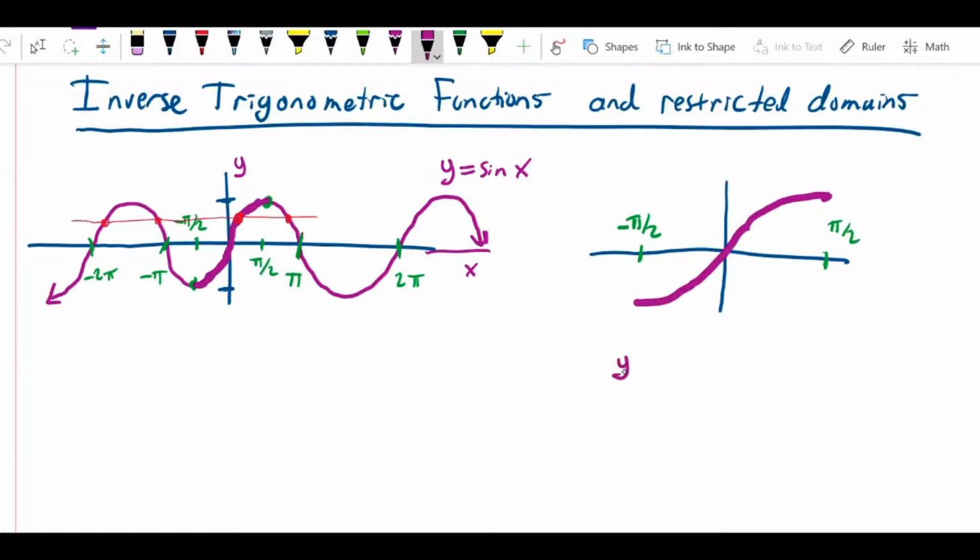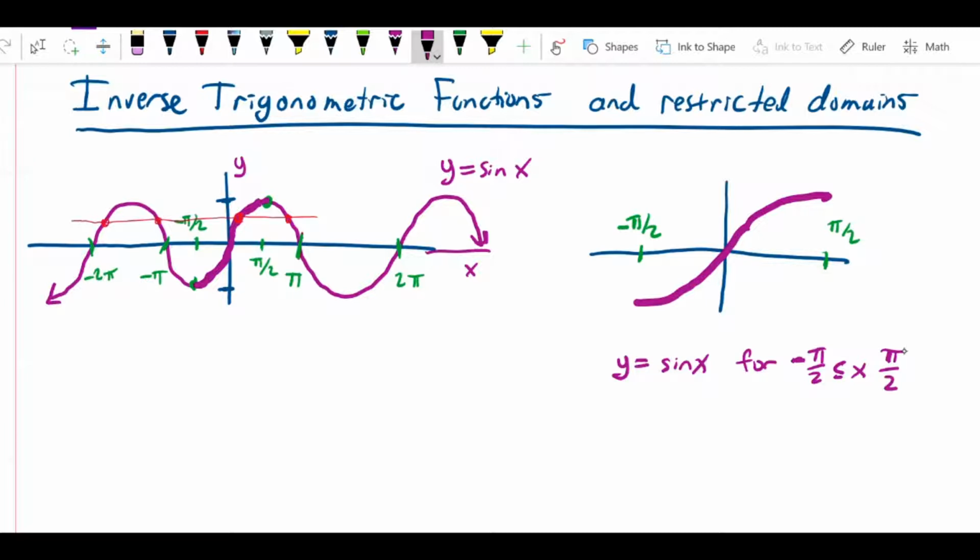So this is y equals sine x for the domain negative pi over 2 is less than or equal to x is less than or equal to pi over 2. Sorry, not negative pi over 2, pi over 2 on that side. Okay, so having restricted the domain, we do have a one-to-one function, and it is invertible.